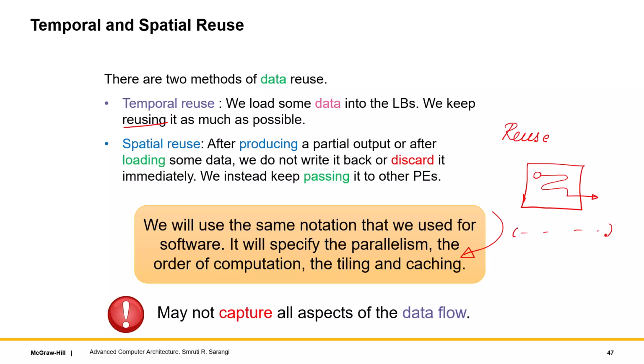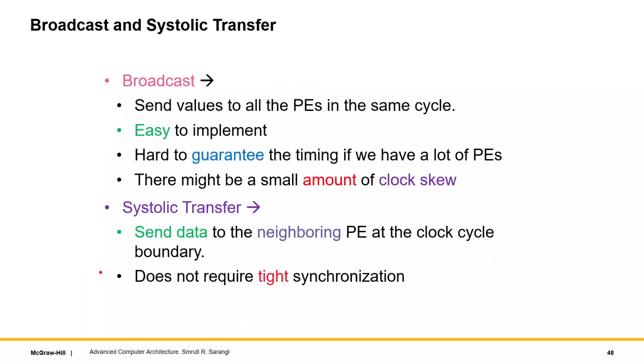It is representational, it holds more for software than hardware, but still it gives you an idea of how I would like to do the computation. So the disclaimer is that for hardware the notation is not complete. It may not capture all aspects of the data flow. That should be kept in mind.